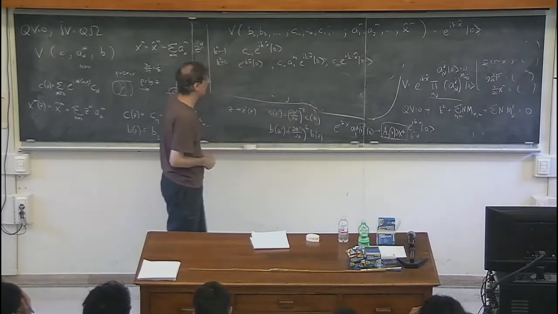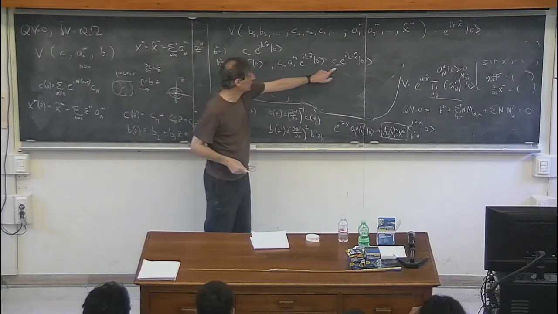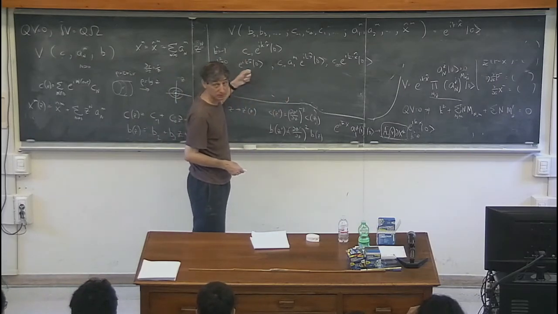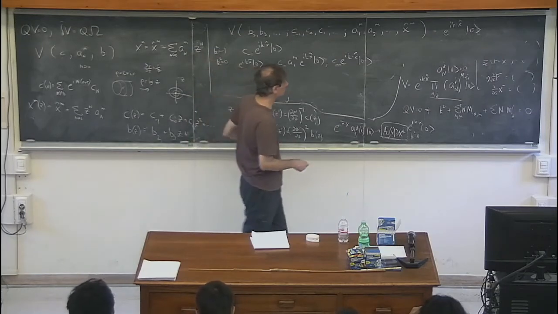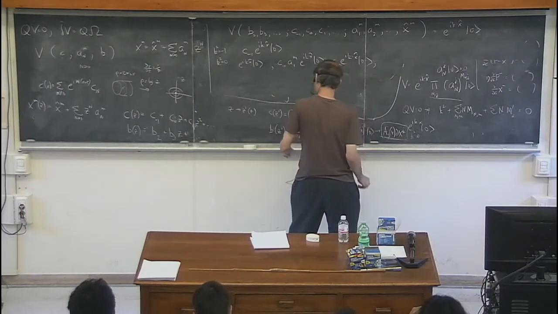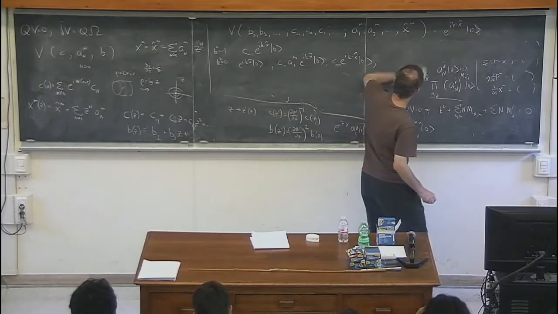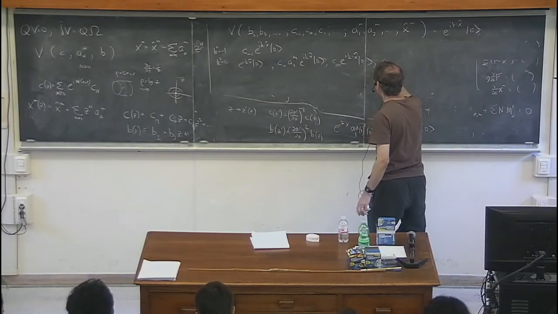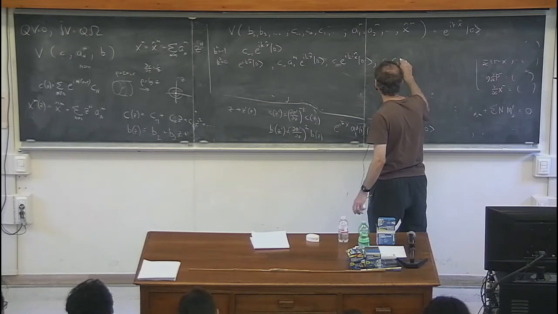So you see these two states both have ghost number 1. This state has ghost number 0. There are also states you can construct with ghost number 2, so let's do some of those. For ghost number 2, you have C_{-1} C_1.